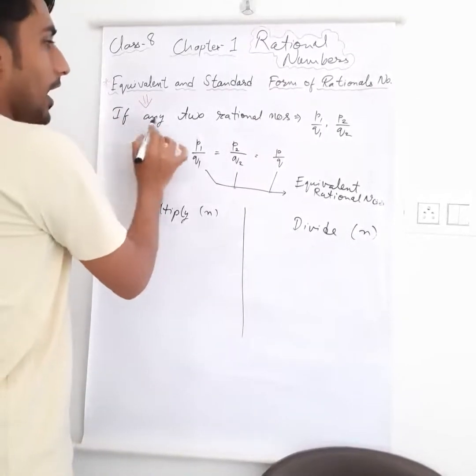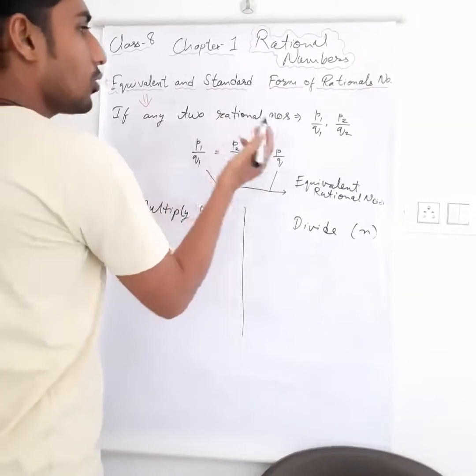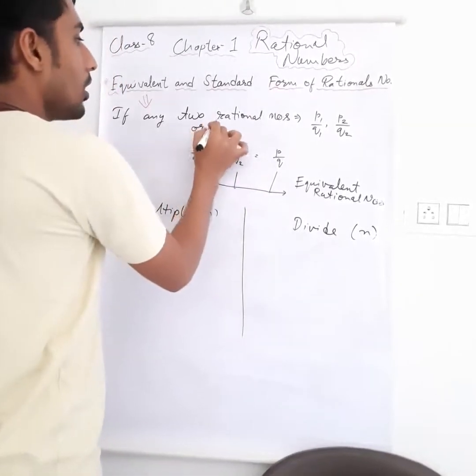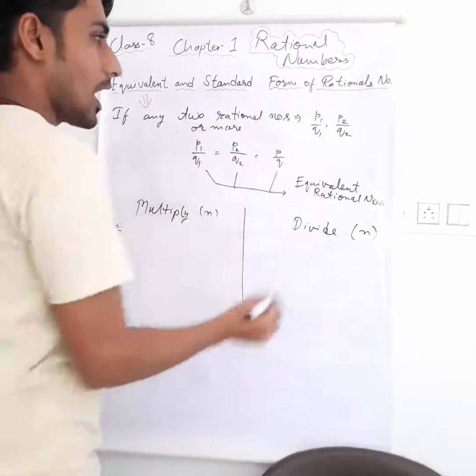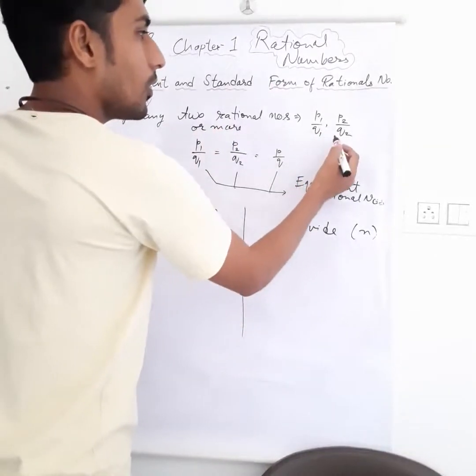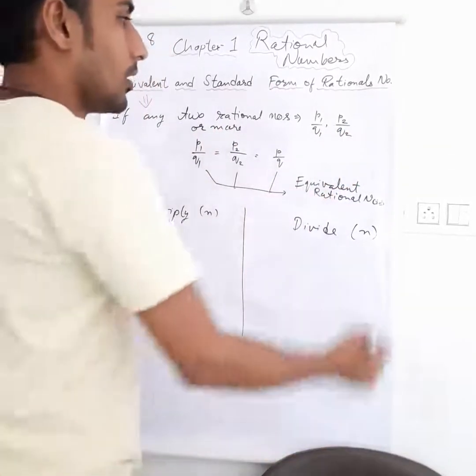For this, if we have two or more rational numbers, I am taking only two, p1 by q1 and p2 by q2.